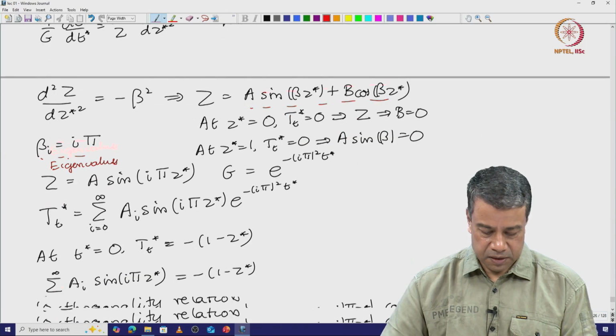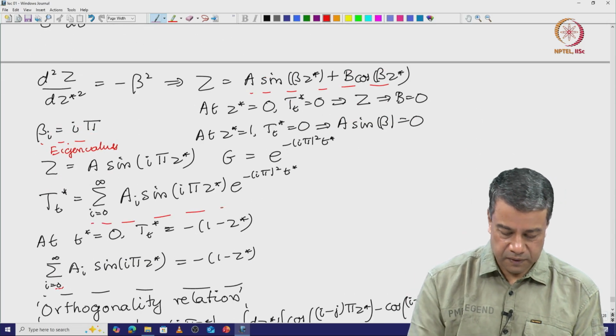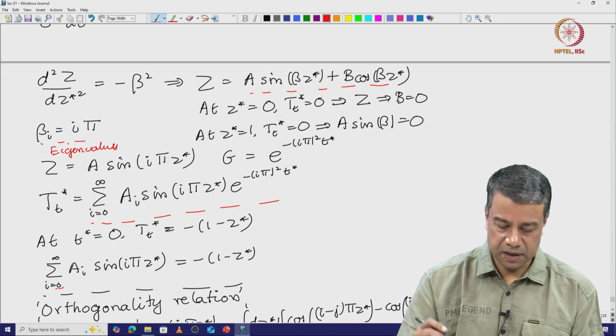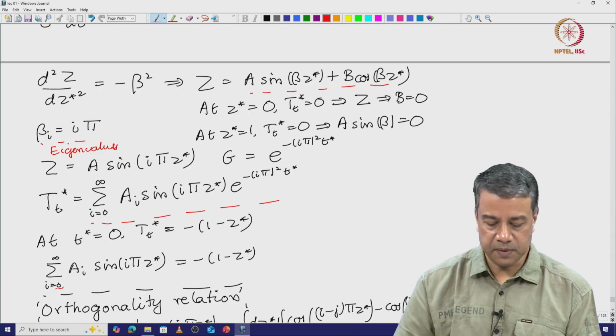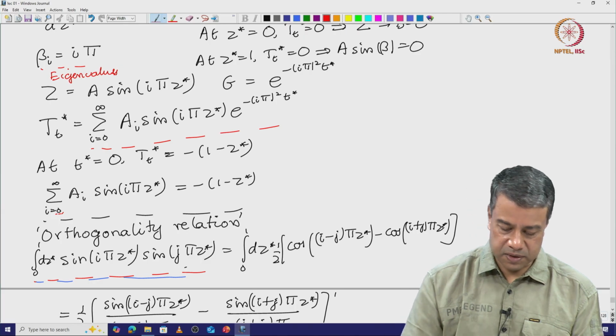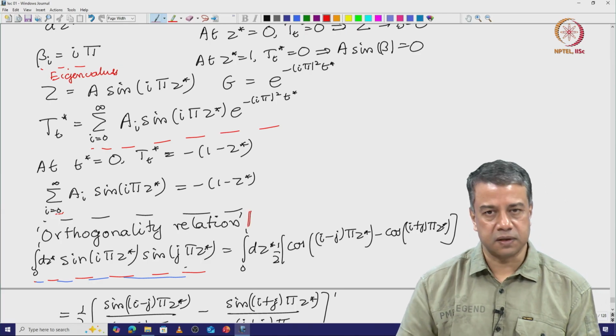So, we wrote this as the sum over all these basis functions, these discrete eigenfunctions sin i pi z star times e power minus i pi the whole square t star times coefficients. Those coefficients were evaluated using the property that these are orthogonal.